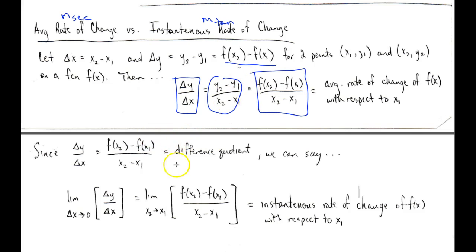And of course, all that is just another way of expressing the slope of a secant line. Okay, so we know that all these forms here, whether we use the delta notation, function notation, or just call it difference quotient, it all means the same thing.